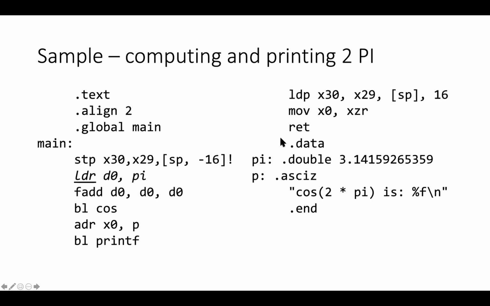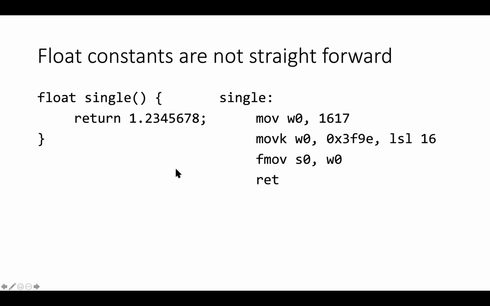Move K is move keep. So this move instruction doesn't overwrite the previous contents. So if you look at W0 after the second instruction, the 1617 is still there.